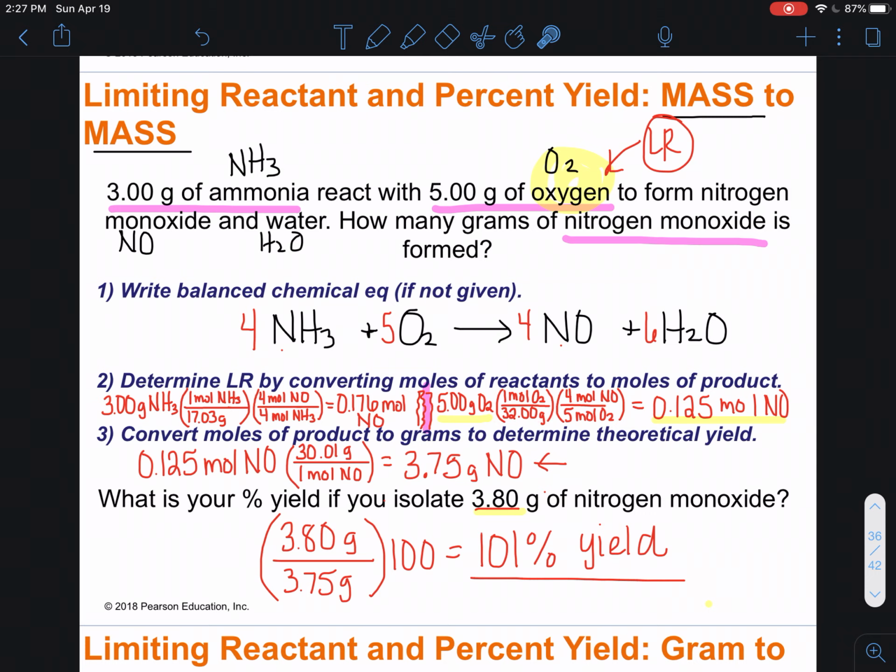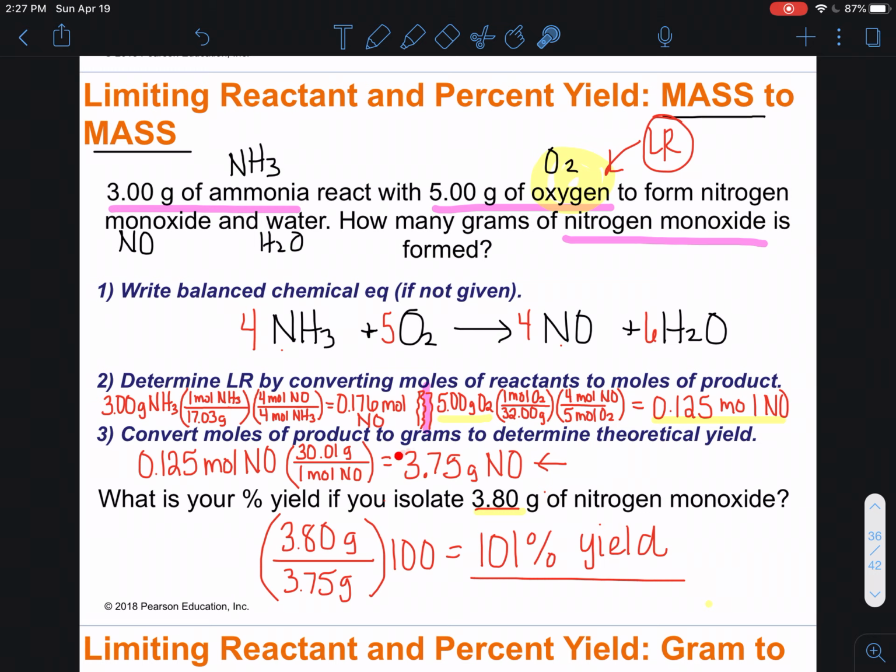Then to determine the theoretical yield, I took the moles of product that I got out of 5.00 grams of oxygen and converted that to grams of nitrogen monoxide using the molar mass of nitrogen monoxide.